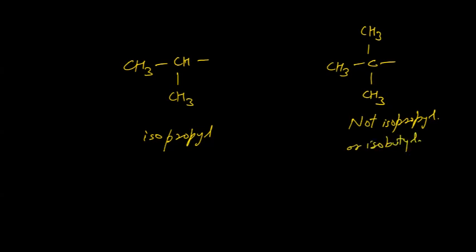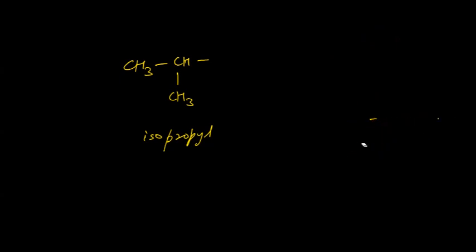The reason is on the second carbon you would then have 2-methyl groups. Only one methyl group should be there. Then it is isopropyl. But depending on how many carbons are attached further, for example here you also have CH2, then it will become isobutyl.